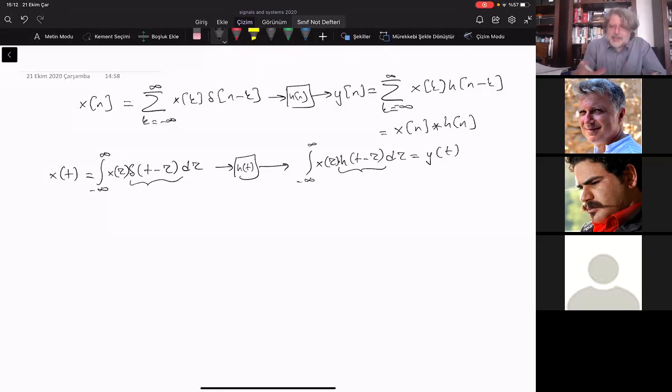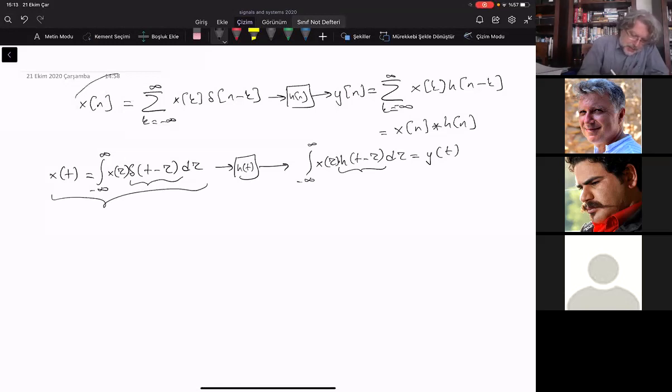Now, because of d tau in the integral, tau will go away. It's just the running variable of the integration. And the only thing that it is parametric to will be time, y of t. Okay, so let's give a name to this one.